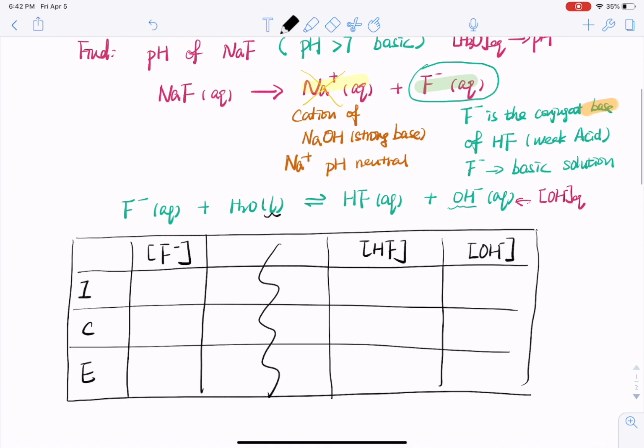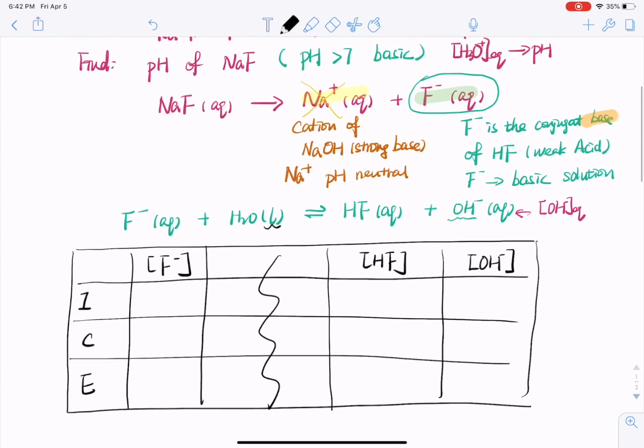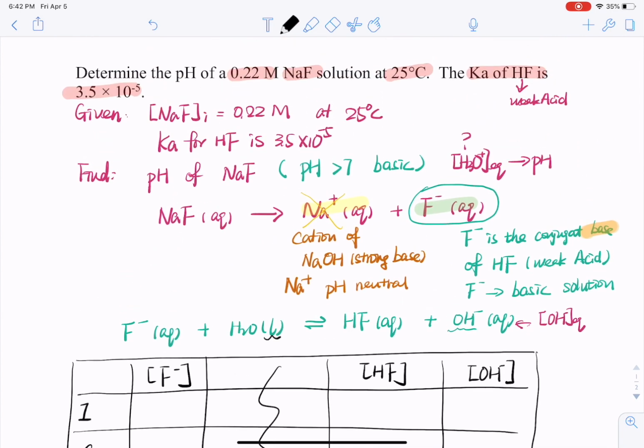So the initial concentration, let's see, what do we know? We know the concentration of the salt. Then how is it related to the initial concentration of fluoride? Let's look at our equation over here.